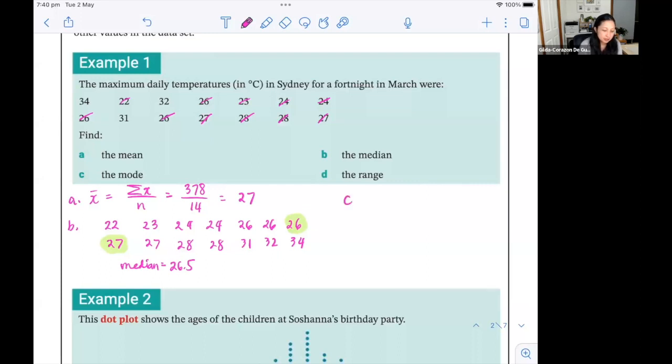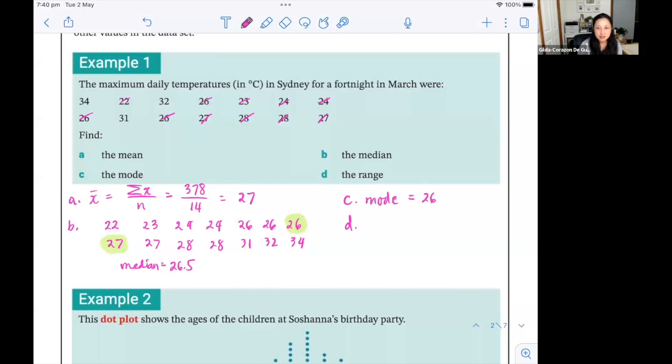How about the mode? The mode is the one that's repeated the most, which is 26. The mode is 26. The range is the highest value minus the lowest value.